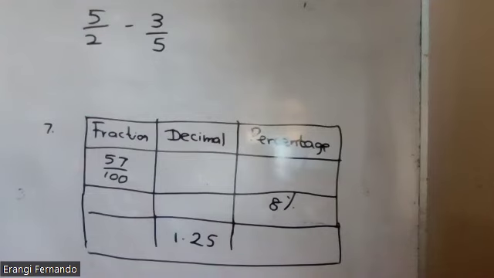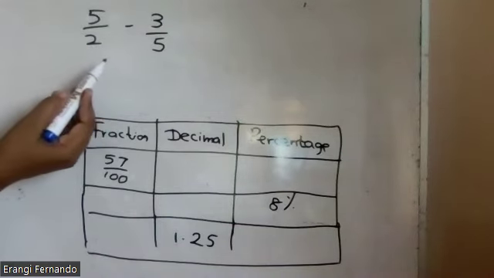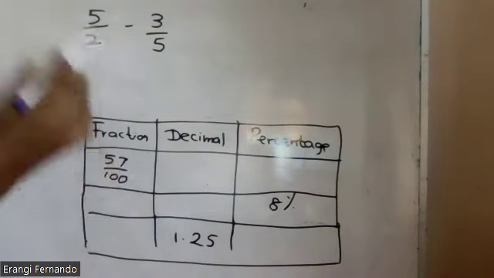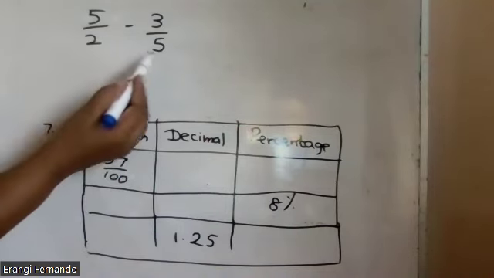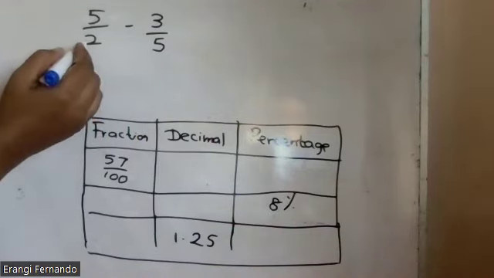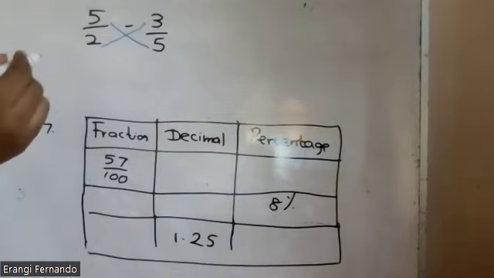Okay, question number 6. Calculate 5 over 2 subtract 3 over 5. Now this is subtracting fractions. To subtract fractions, you have to check the denominators. Here denominators are not the same. So we are doing the cross multiplication to make this into common denominator.